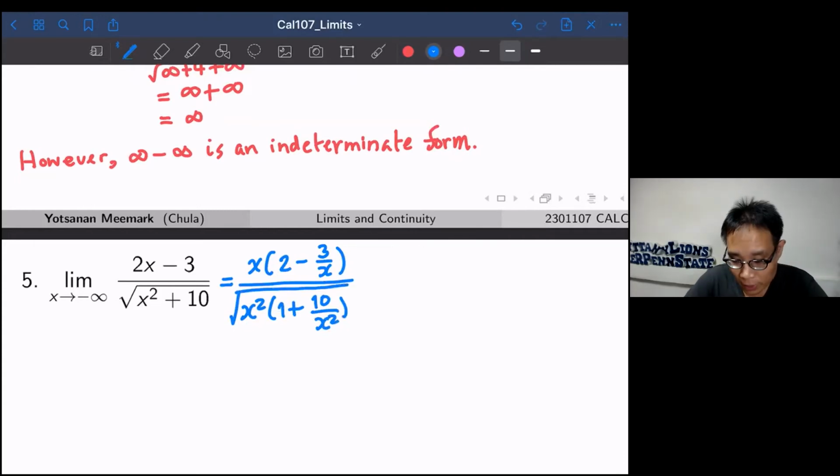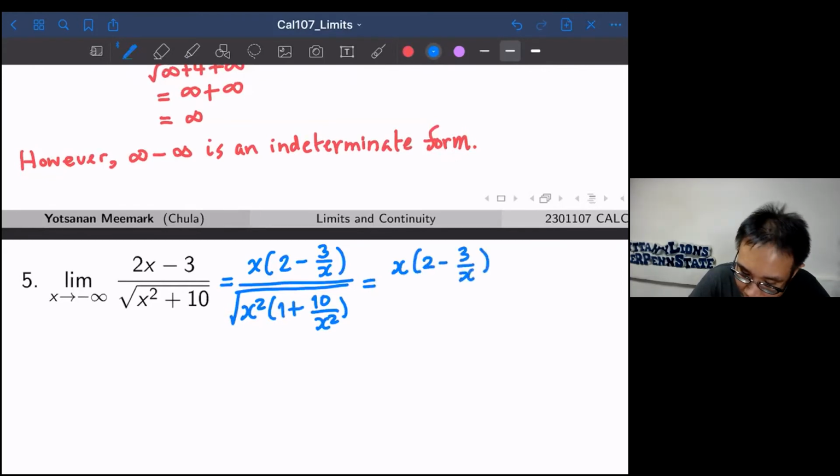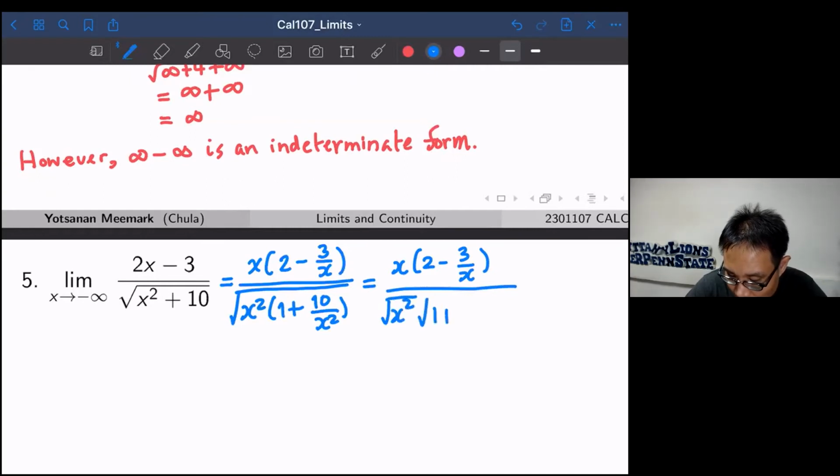Okay, and you see that this will be x times (2 minus 3 over x), and you're going to have this over the square root of x squared times the square root of (1 plus 10 over x squared). Okay, so this is what it looks like.